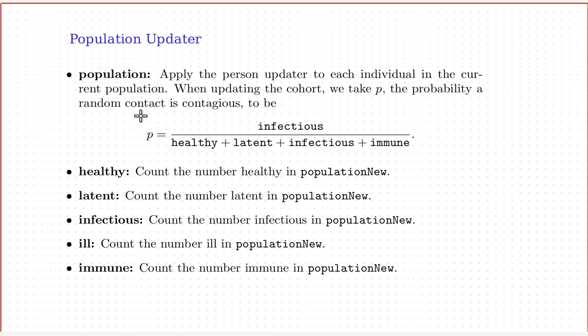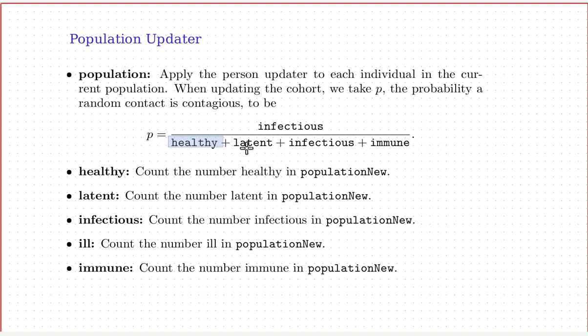I'll just make a note that, as I said, it's easy to calculate the probability that a randomly chosen person is contagious, because the only cohort that is contagious is the infectious cohort, or rather, that's the only cohort that's both contagious and actively having contacts with other people.